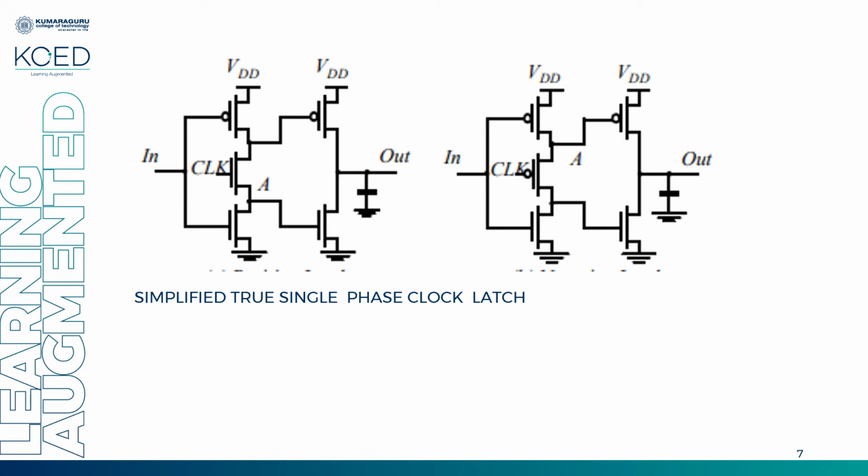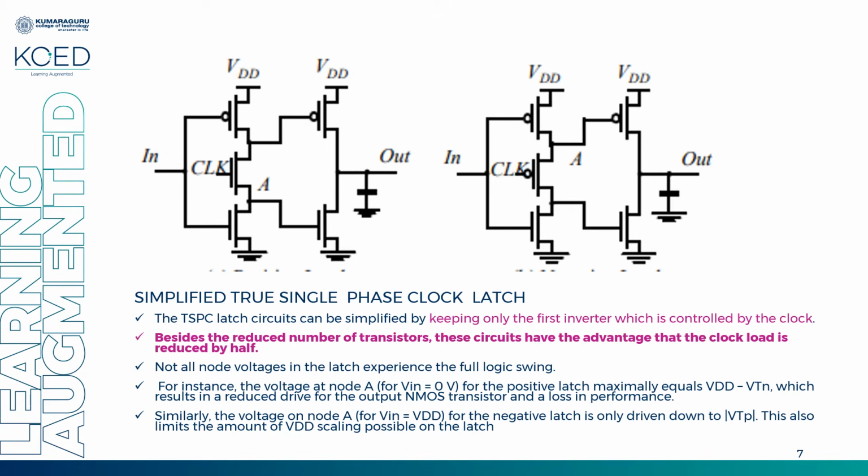You can see in the diagram, the clock is not fed to the second stage. So only the first inverter is retained, which is controlled by your clock. The main advantage here is that the transistors are fewer and the clock load is also reduced. This is one of the main plus points.